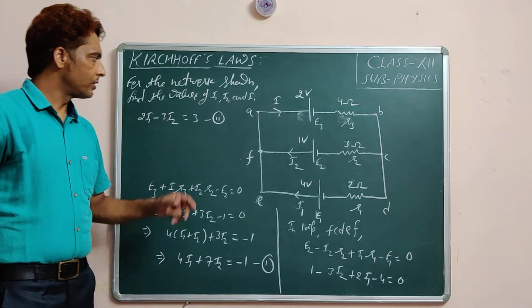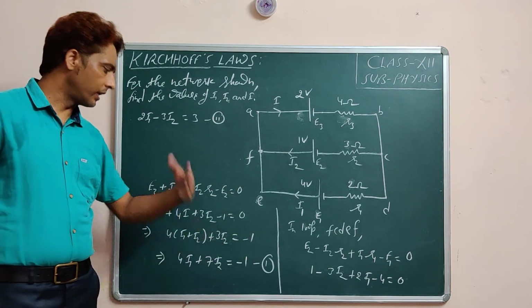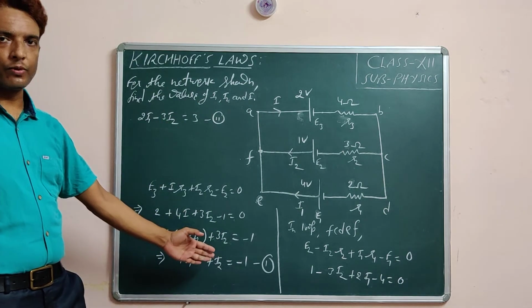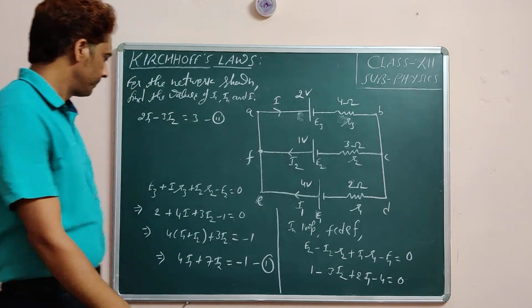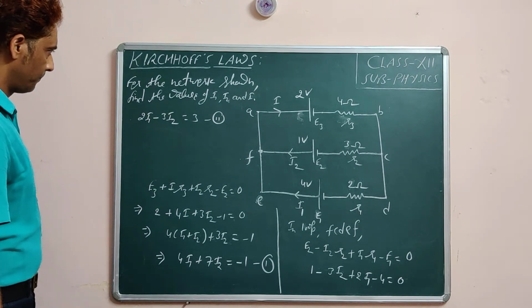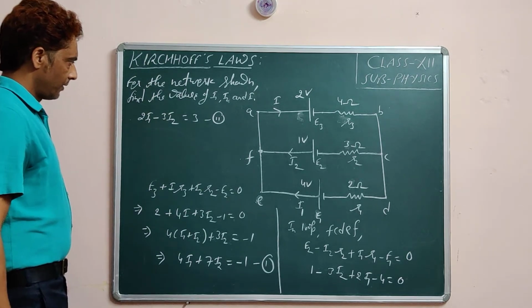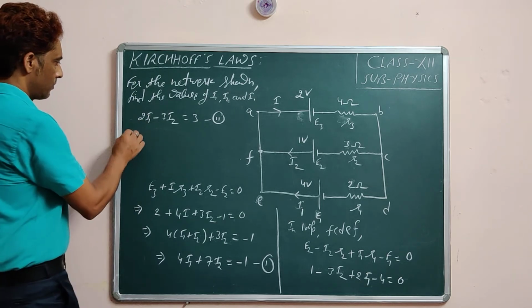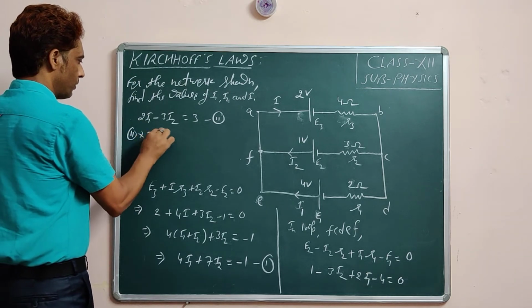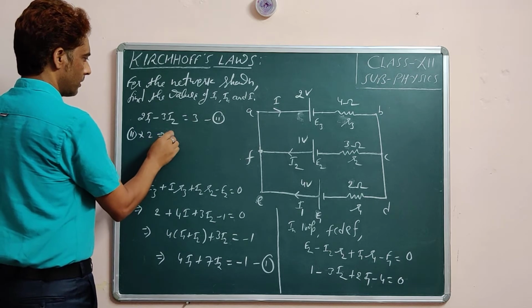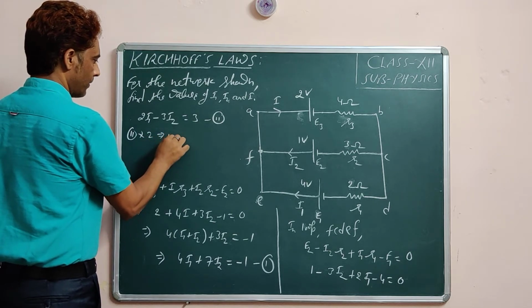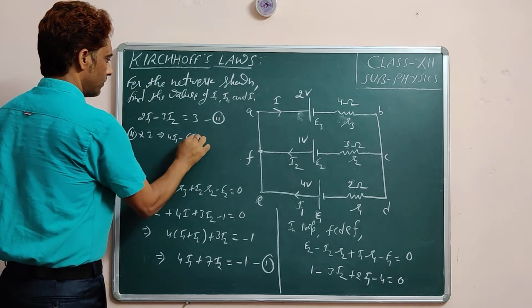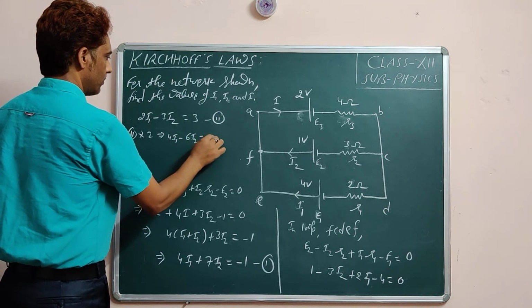Now we have to solve these two equations for finding the values of I1 and I2. If I multiply the second by 2, we get 4I1 minus 6I2 equal to 6.